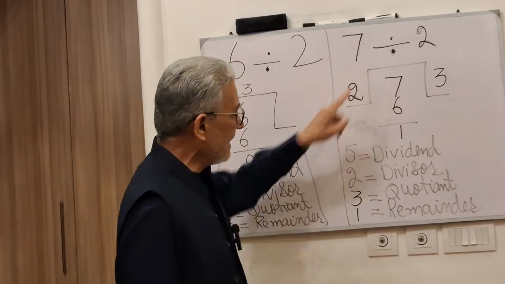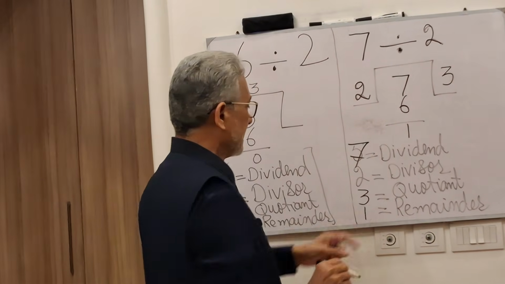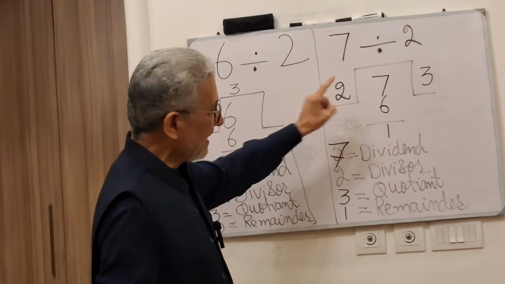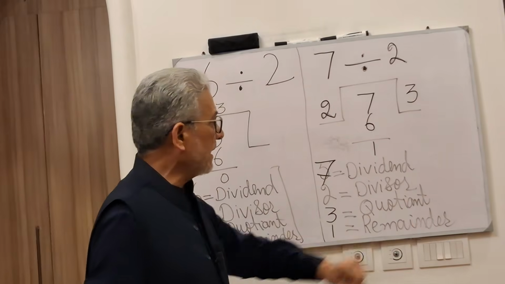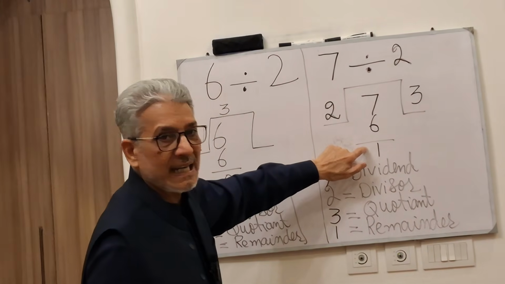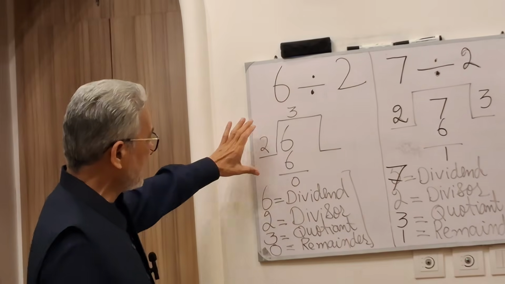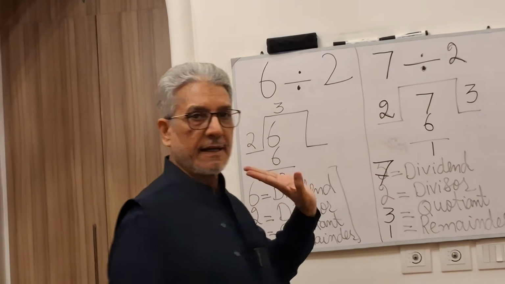Here 7 is dividend and 2 is divisor, 3 is quotient and 1 is remainder. Now, in this case, remainder was 0. In this case, 1 is remainder.